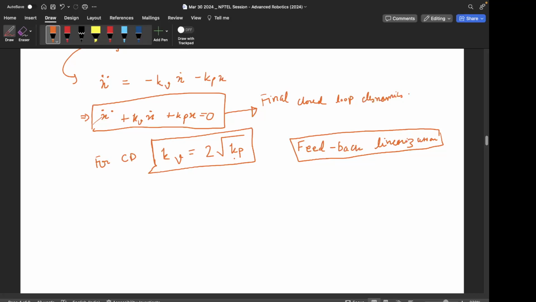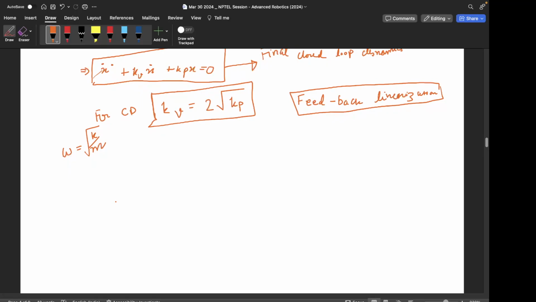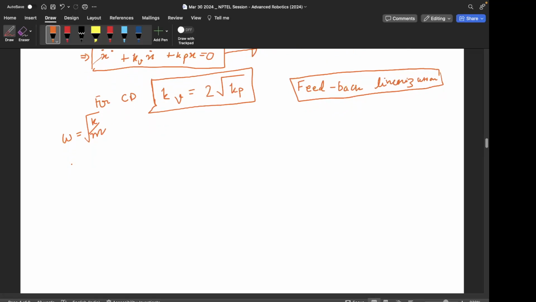You would remember that omega is under root k by m. So we choose some omega around which we would like our system to be, and we choose KP, and from KP we get KV, right? So this marks the end of the control partitioning approach.